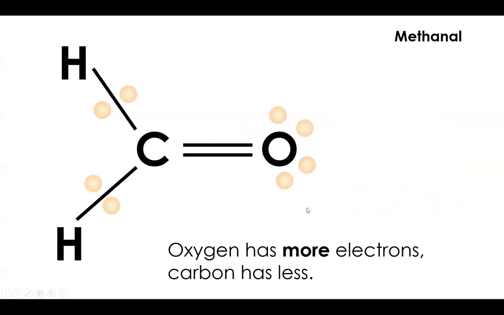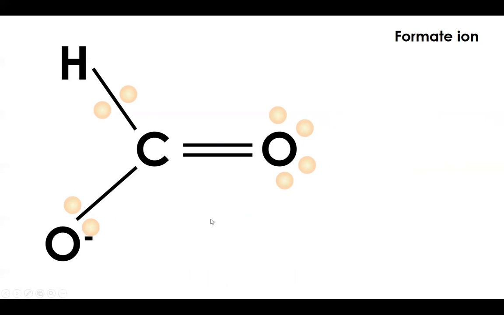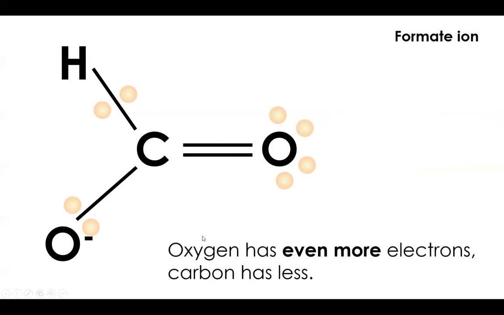Okay, we can keep going, convert this into a carboxyl group. So oxygen has even more electrons. You can see we've now pulled these electrons to this oxygen. This one has all of the ones from before, and we only have the shared bond with hydrogen to allow carbon to continue having any custody of electrons at all.